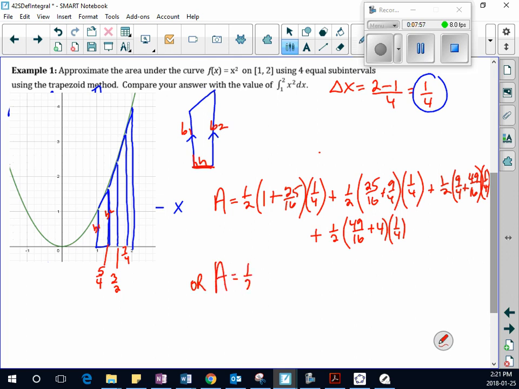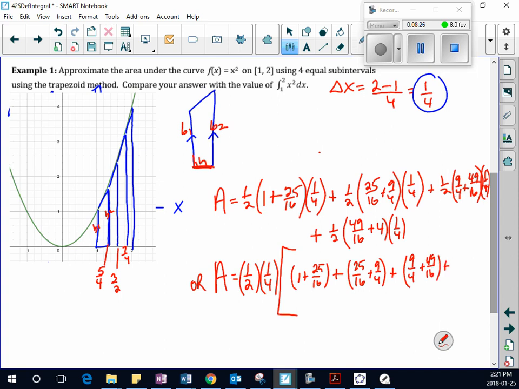So I'm going to factor out the 1/2 and I'm going to factor out the 1/4. I could have just done 1/8. Okay? What am I left with here? I'm left with 1 plus 25/16 plus, 25/16 plus 9/4 plus, 9/4 plus 49/16 plus 49/16 plus 4.